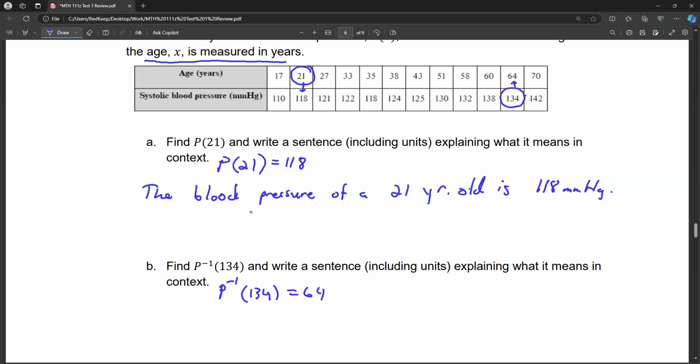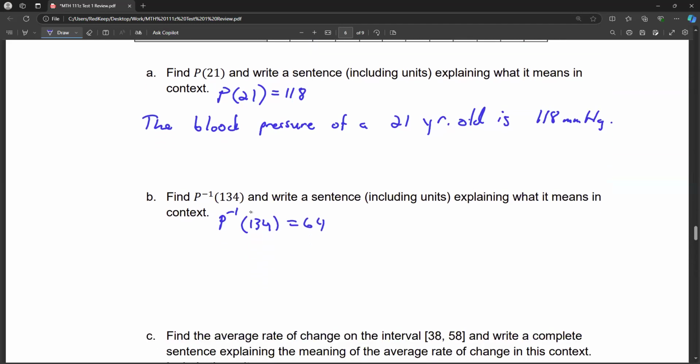All right, and so this is only part of the answer, right? Now we're asking ourselves, what does this mean in context of this problem? So you might say something like, okay, a blood pressure of 134 mmHg, right?